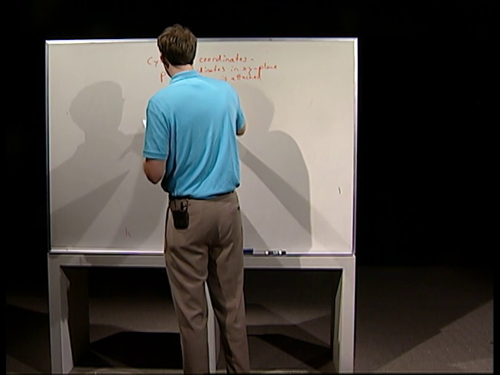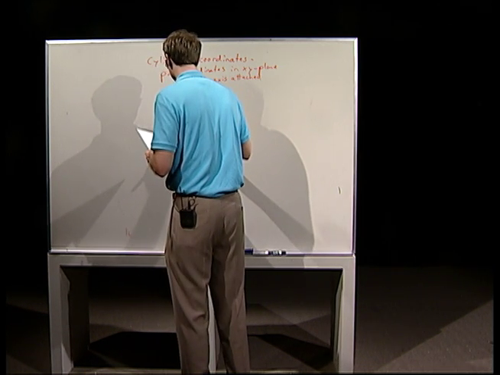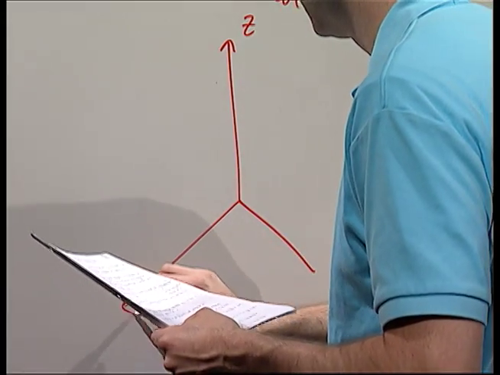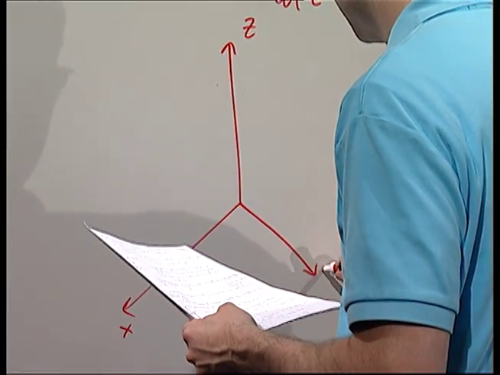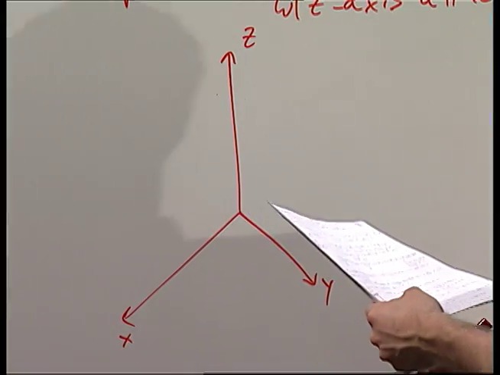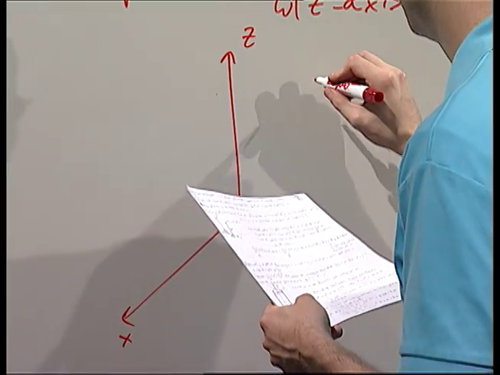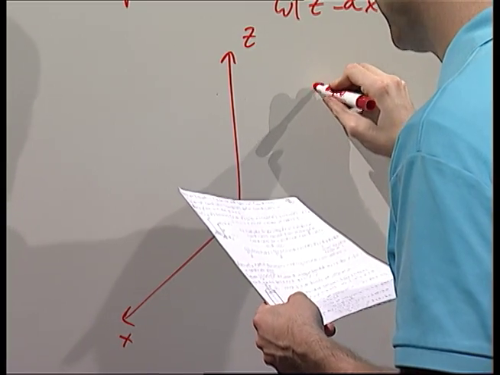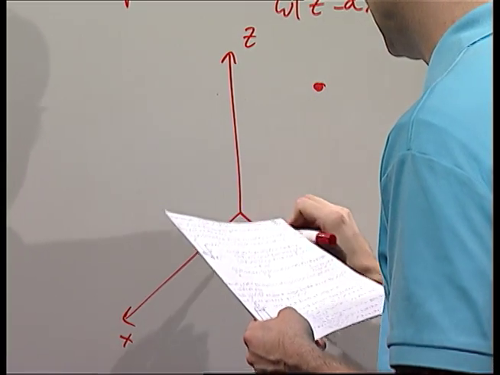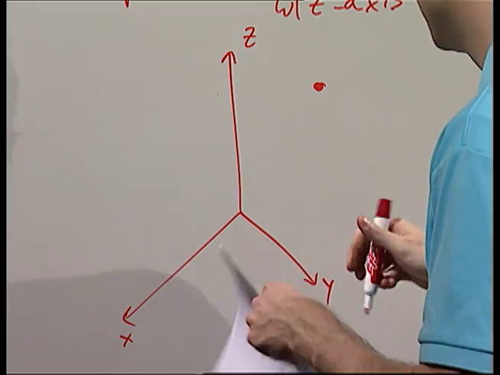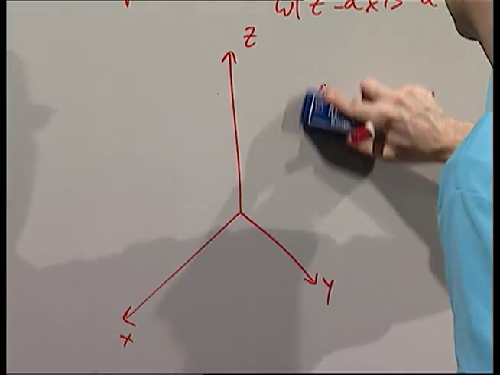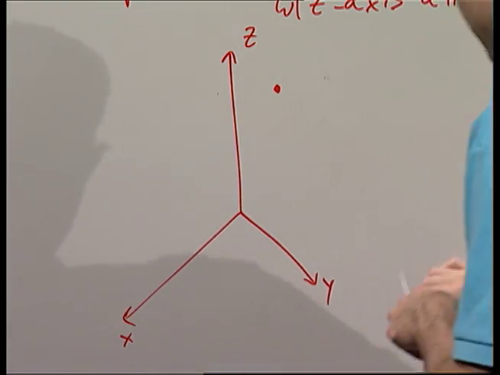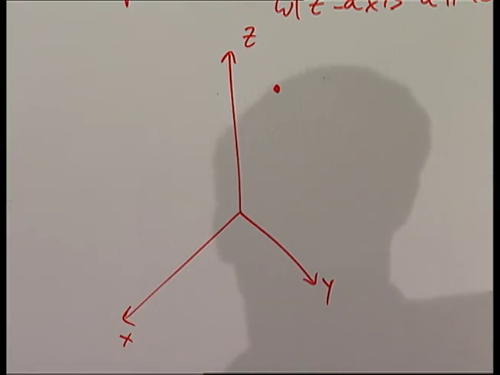So the picture, I'll put the analytics up here in a minute. There's z, there's x, there's y. So you are at a point x, y, z out here in space. Let me put that a little further in so I can make this look a little better. So there's your point, x, y, z in space.